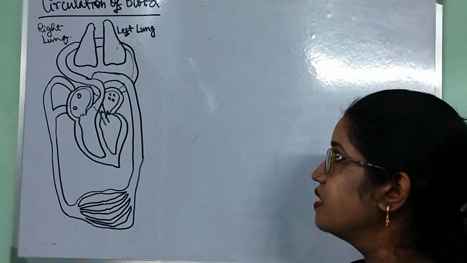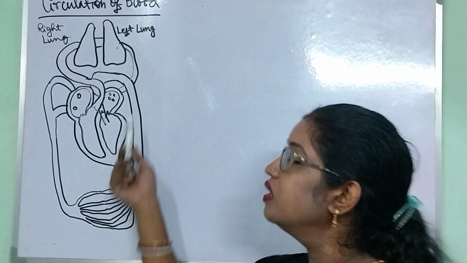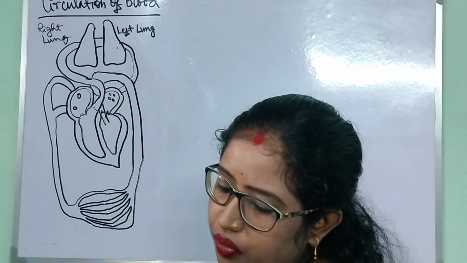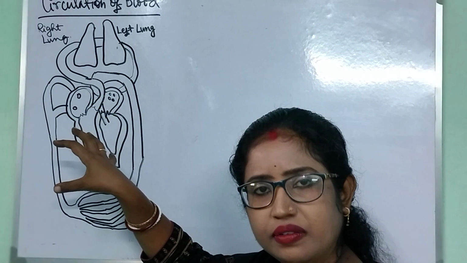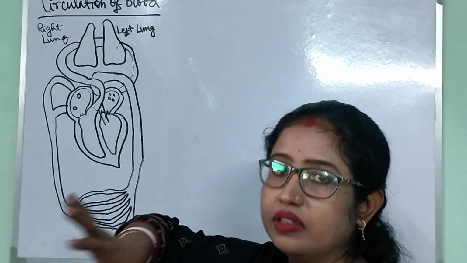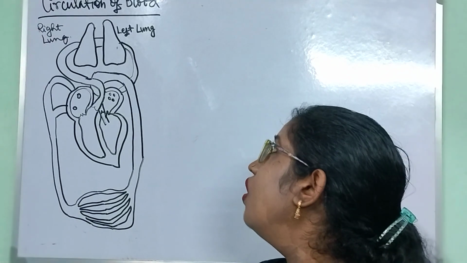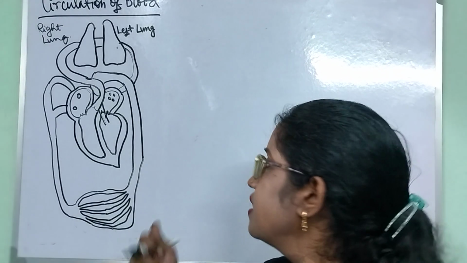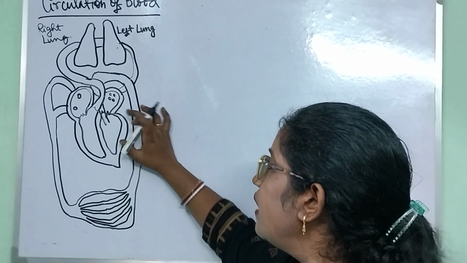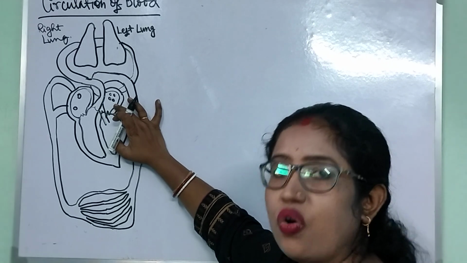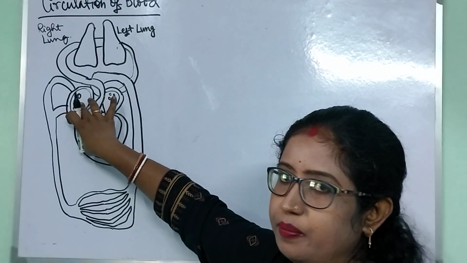So what happens is, first, both the auricles or both the atrium fills with blood, and both the ventricle also then fills with blood, and the circulation of blood actually occurs in two different stages. We know that the left side of the heart carries the oxygenated blood and the right side carries the deoxygenated blood.